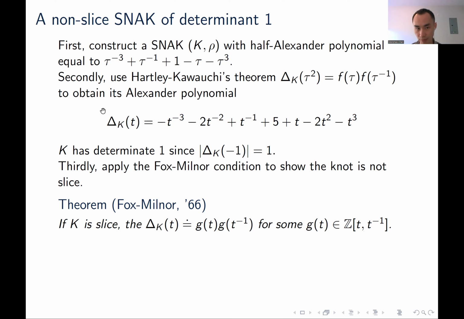This Alexander polynomial does not factor like this, so the underlying knot is not slice. Finally, let me remark that the Hartley-Kawauchi factorization and the Fox-Milnor factorization are a little bit different. This is a factorization of the Alexander polynomial evaluated at tau squared, while this is just t. So they're not the same thing.